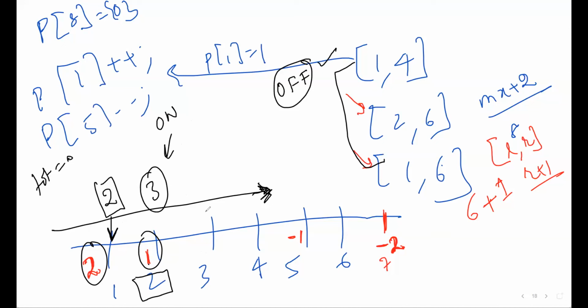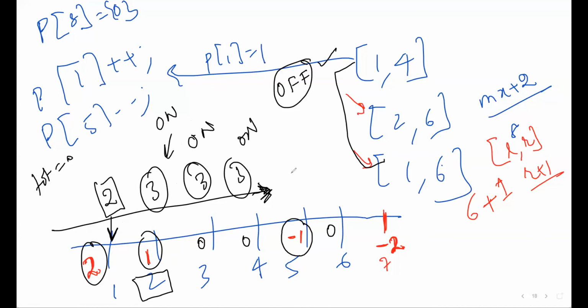Again, I go to 3. The value is 0. As I said, we are initializing every value with 0. So no difference, it will be 3, also odd, so it is also on. This also 3, it is also on. When I go to 5, what is happening? This has value -1. 3 minus 1 is 2. 2 is even, so it means there is no change of state, so it is also off.